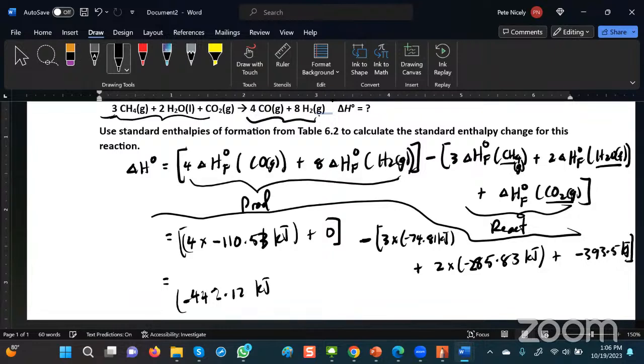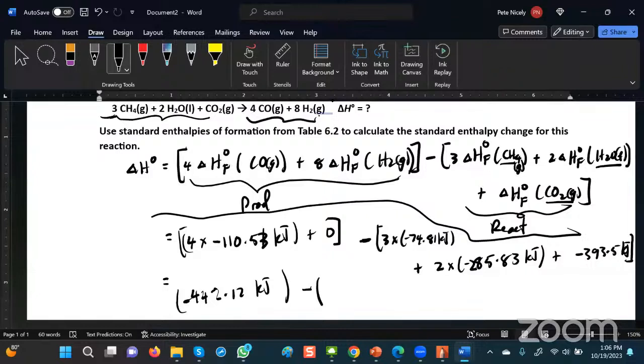All right, and then on the other side, you're going to have 3 times minus 74.81. And then I'm going to add to that 2 times minus 285.83.